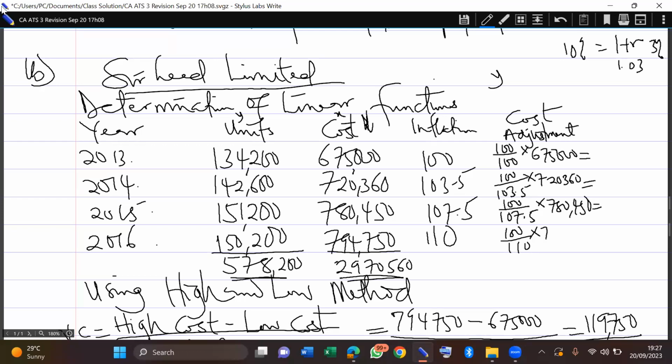Please, with your calculator, what is our cost after inflation for 2013? It is 675,000. Next, for 2014 it is 696,000.